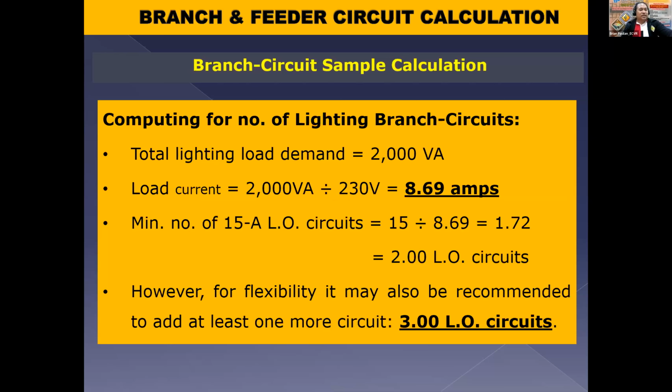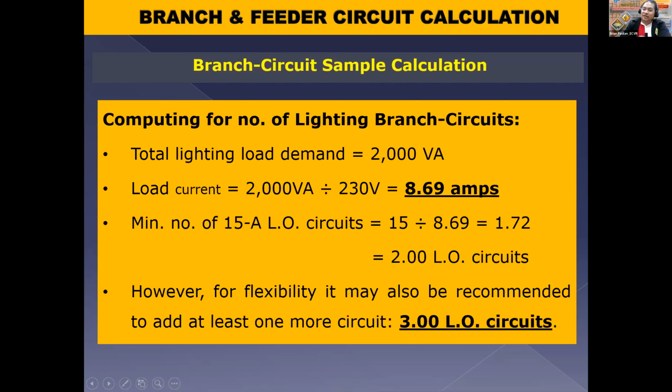Just to check that we did not violate anything, 80% is 12 amperes. So we are still far below, and we are safe. A minimum of 2 lighting outlet circuits is needed for this demand.